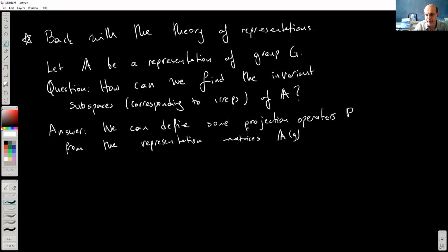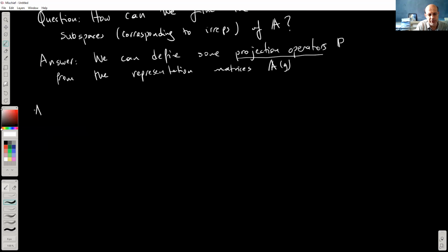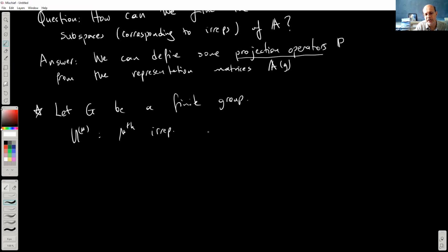So there's something called a projection operator. I'm going to describe what these things are, but before that, I'm just going to assume this. First of all, let G be a finite group. U mu are the mu-th irreducible representation.